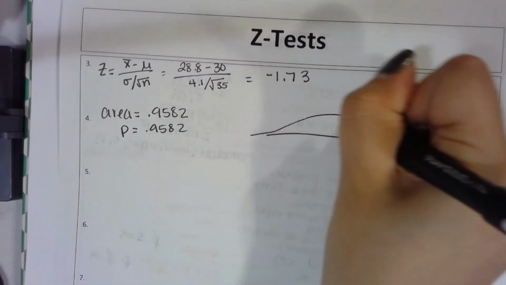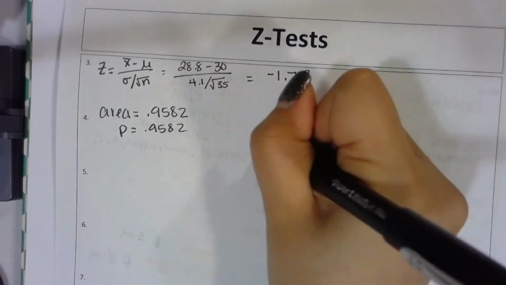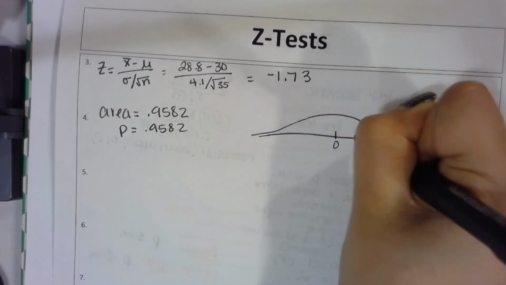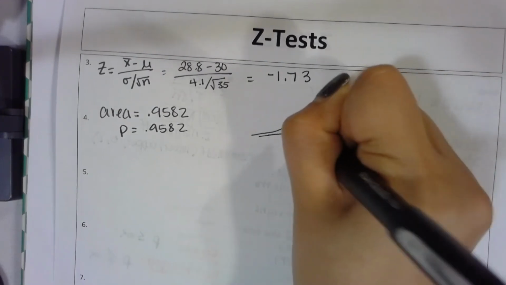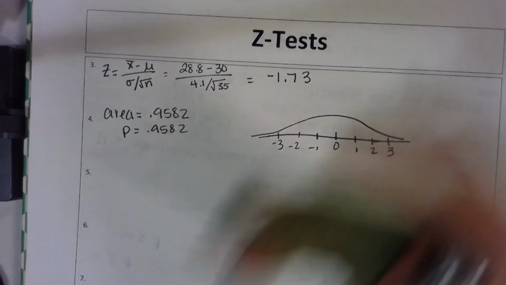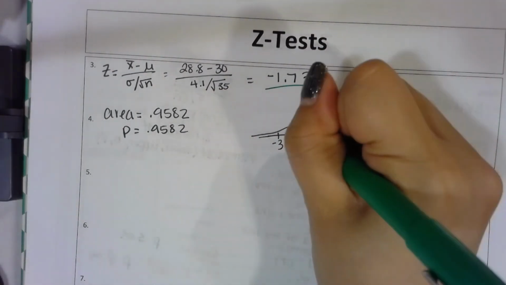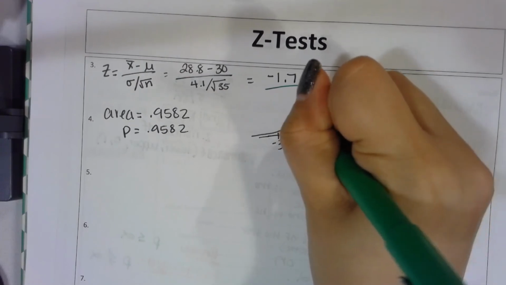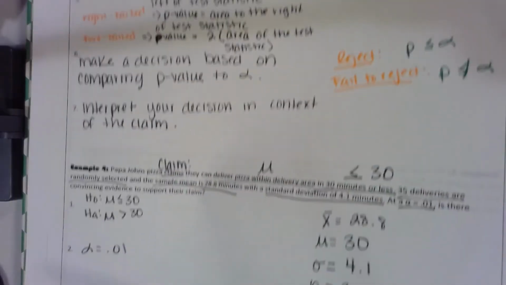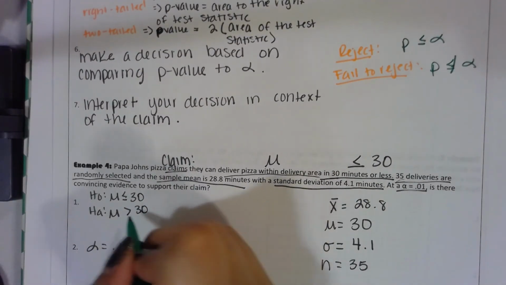Are we on number 4? Okay, this is step number 5, actually. Step number 5 says using the area to find your p-value. So we did a right-tailed test, so the p-value is equal to the area to the right of the test statistic. We found the area to the right, and p is equal to 0.9582.